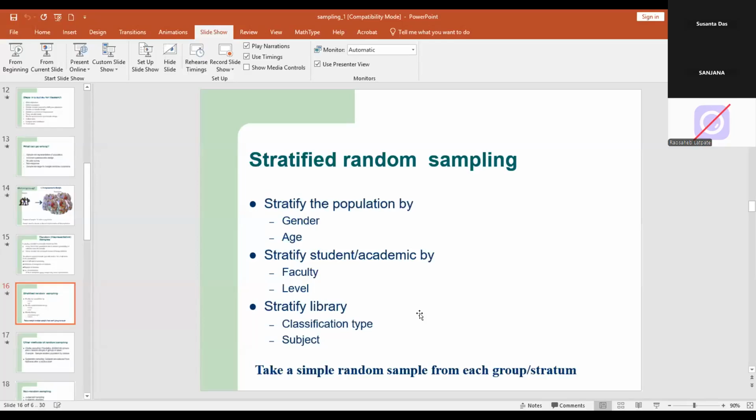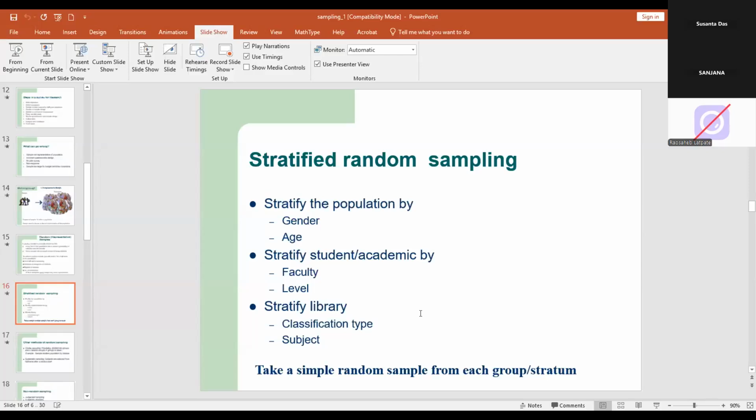Which slide, sir? 16, 17 or 18? Which slide are you discussing? 18. Slide number 16 is visible only. Slowly it is moving, sir. The internet is slow.